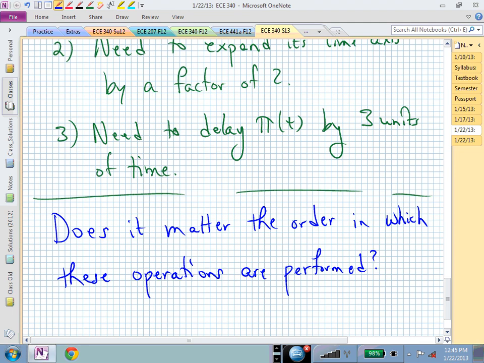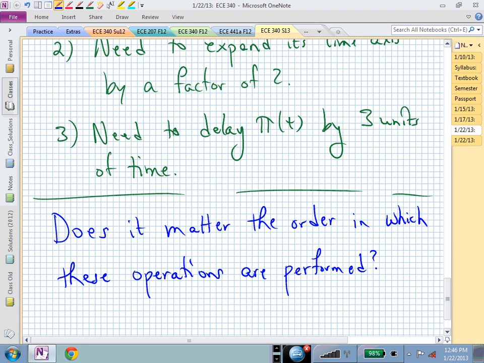Now you have a 50-50 chance. Does it matter if I delay and then spread out, or if I spread out and then delay? I'm not sure you caught that, but as long as you do it right, it's okay to do them in any order, and that's a correct answer.